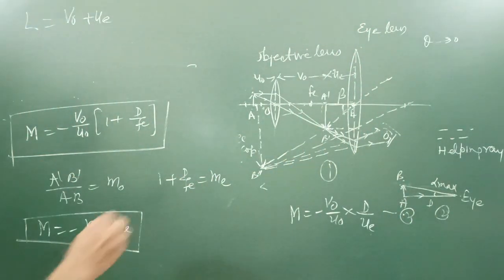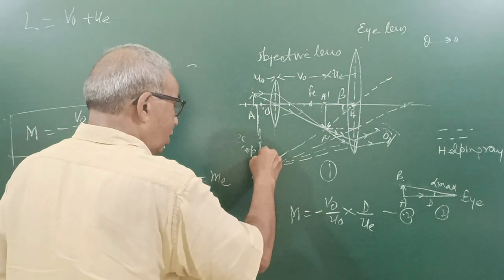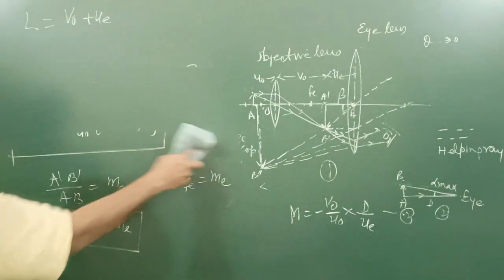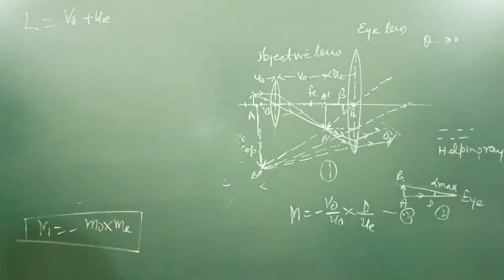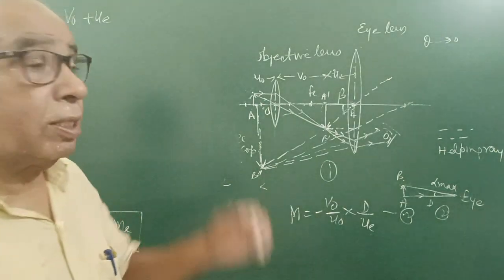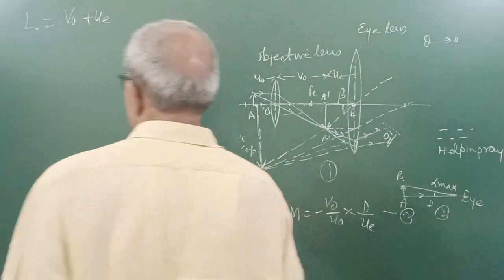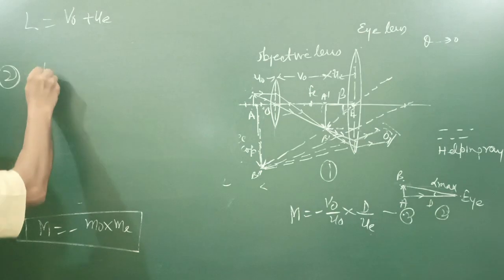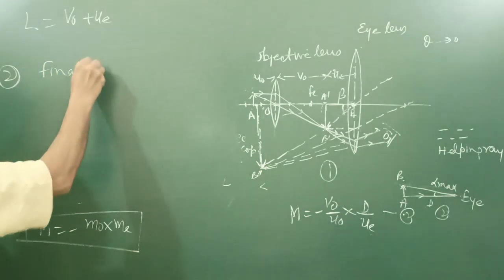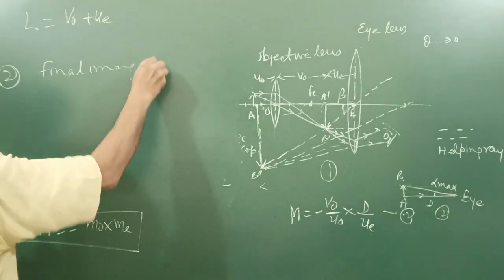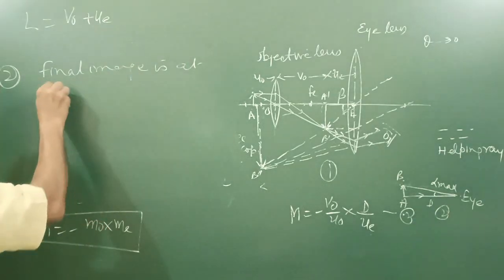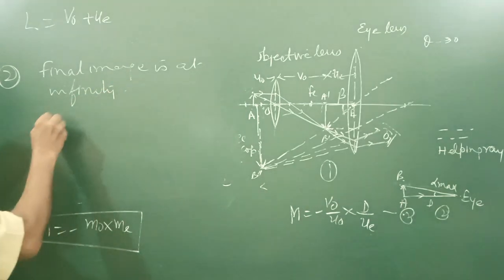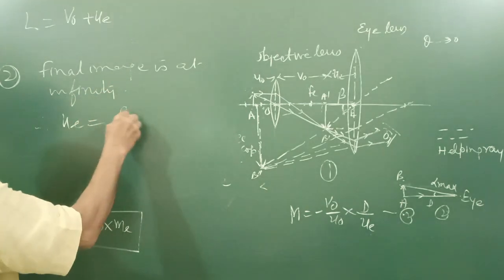Now, if this final image A double dash B double dash is at infinity, when will that happen? When any lens forms the image of an object at infinity, the object is at its focus. So for least magnifying power, the final image is at infinity, and therefore UE is equal to FE.